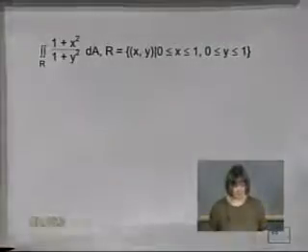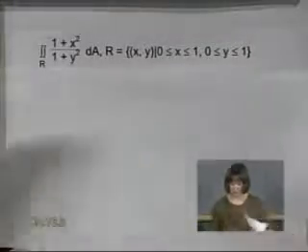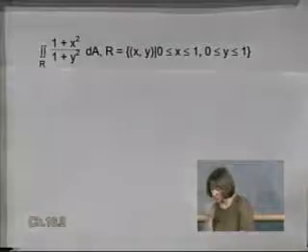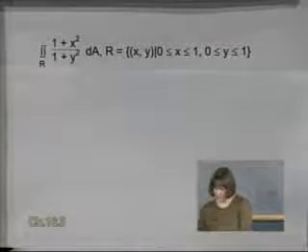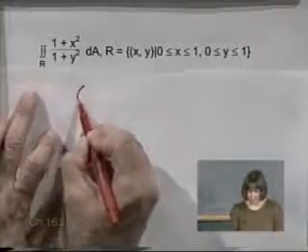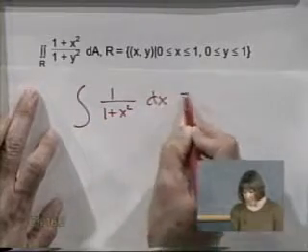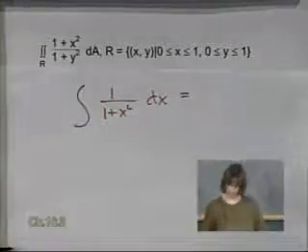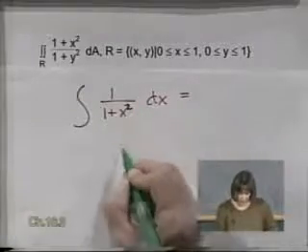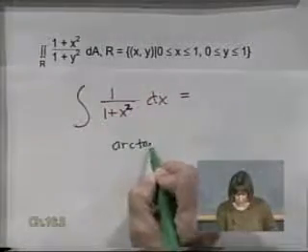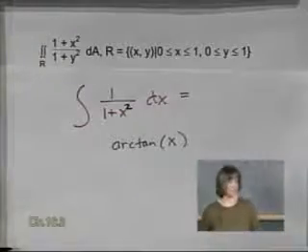Before we do this one, let's review just a smidge. Okay, to review just a smidge, can anybody remember what's the integral of 1 over 1 plus x squared dx? Does anybody remember what that is? It's what? Arc tangent. The angle whose tangent is x.